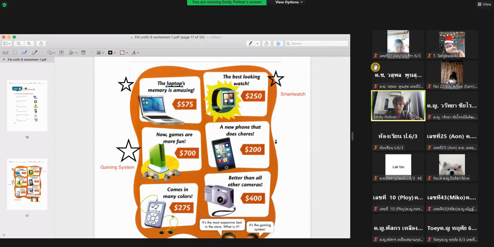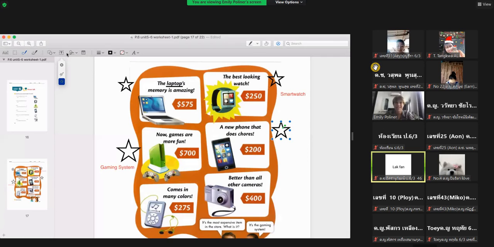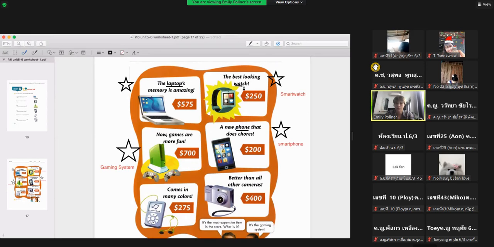What about this one? What do we call this device? A smartphone. Yes, a smartphone. See, we have phone here, right? We have watch here. We have games here. Those are like hints as to what our items are called.